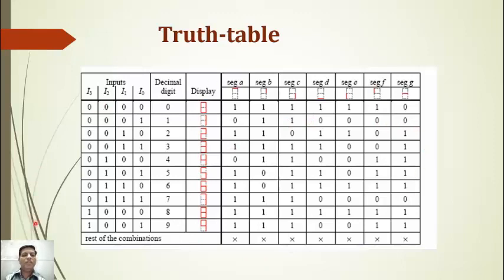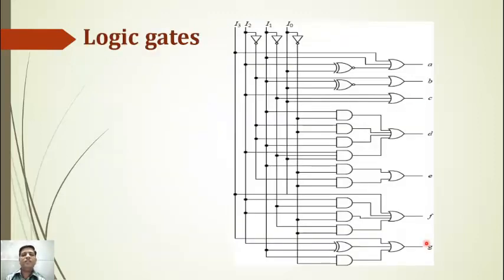Everyone can know how to write down the truth table for a digital system, because this is second year digital electronics. The rest of the combinations other than 0 to 9, that is, beyond 1001, are don't care conditions.